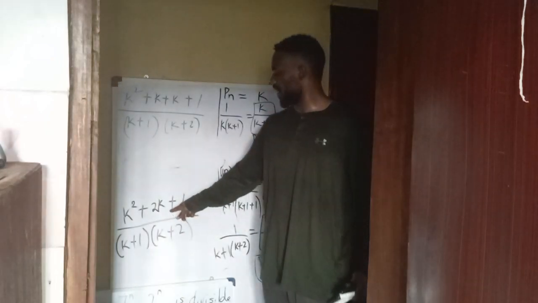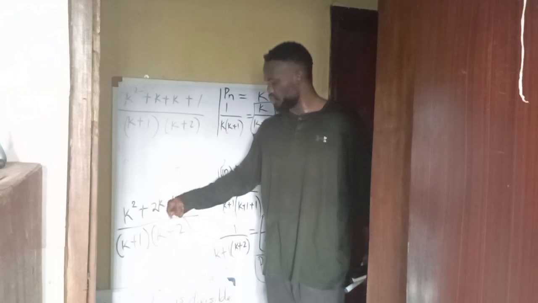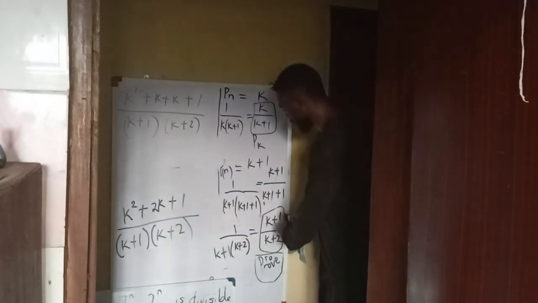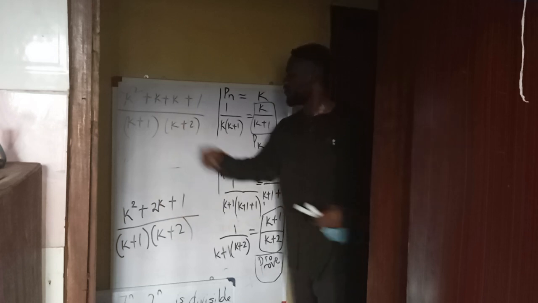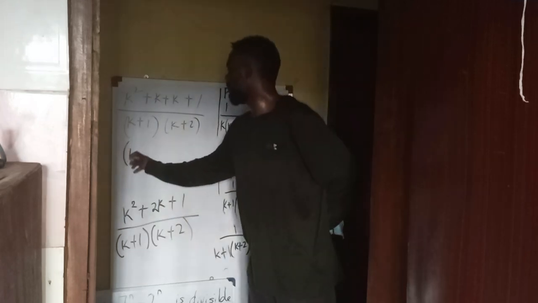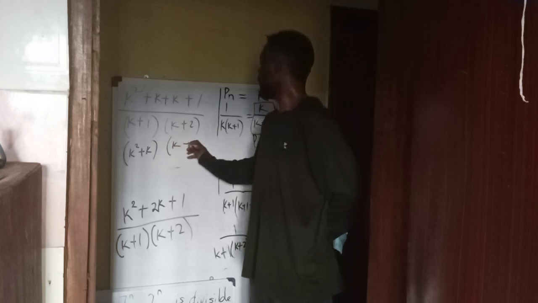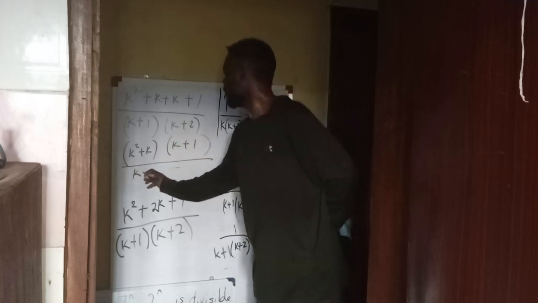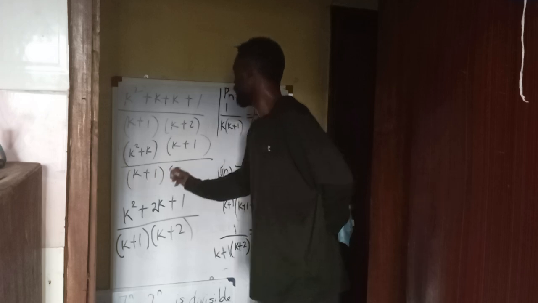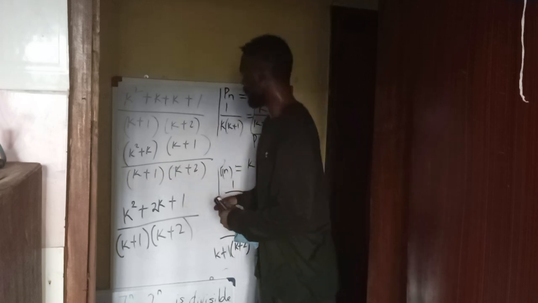So you see that somebody that doesn't know will be stuck here. So at this point you need to remember, at this point you are trying to look at what is possible from this. So I look at it, I see that this is going to give me the same thing as saying bring k squared plus k one side, then k plus 1 one side, all over k plus 1, k plus 2.